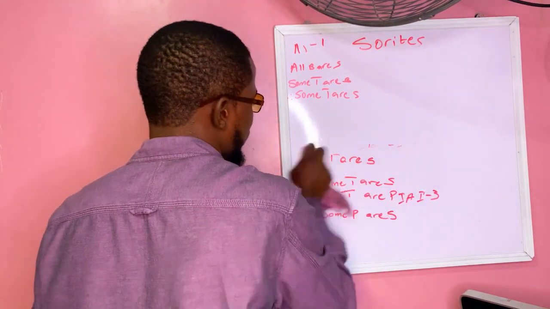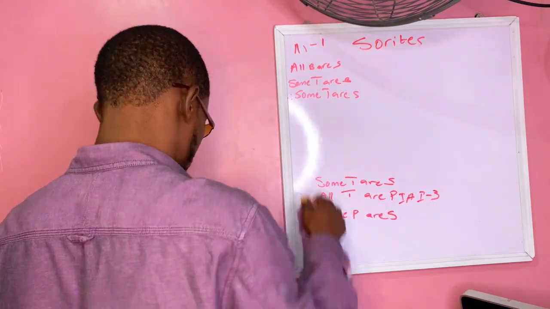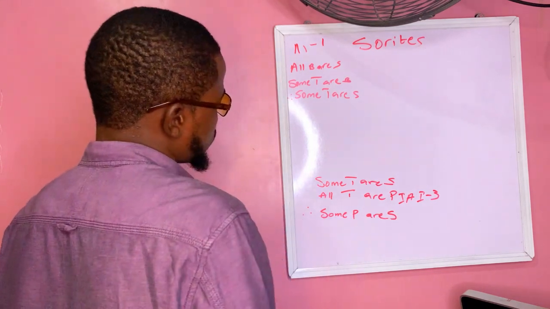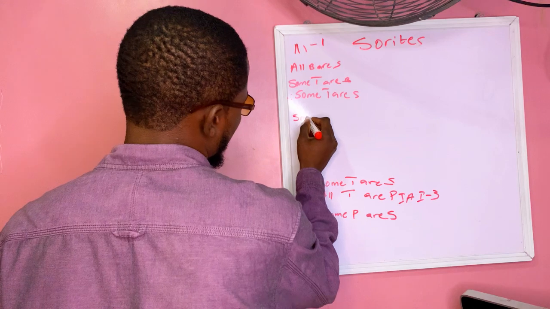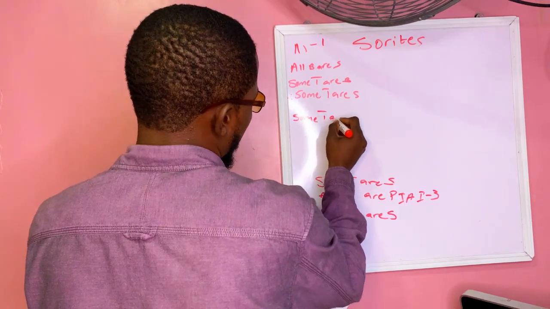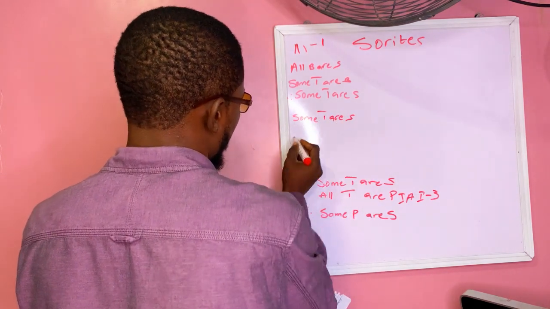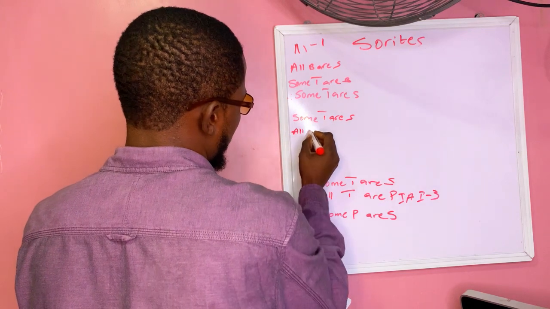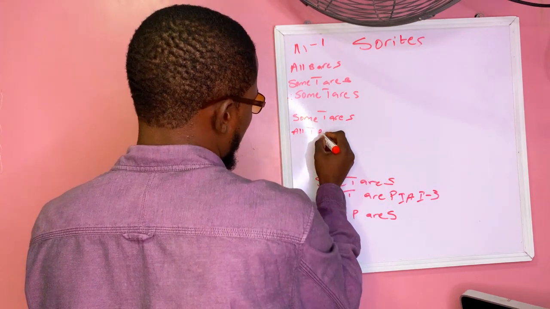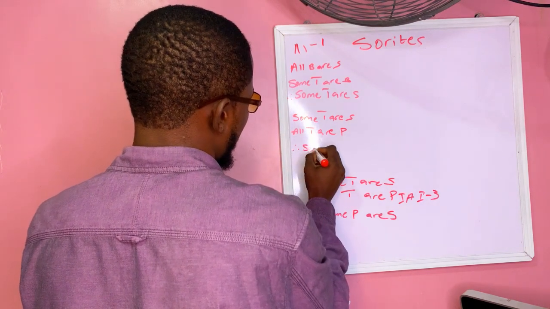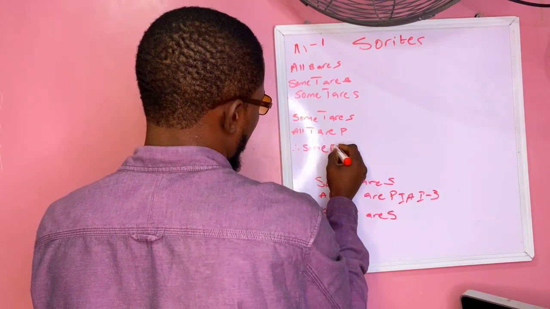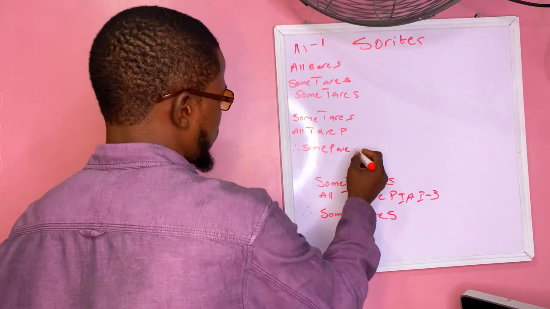So let me rub this off. Then the second one: some T are S, all T are P, therefore some P are S.